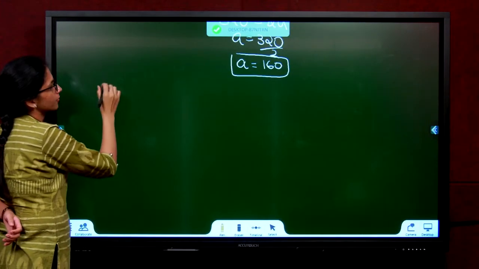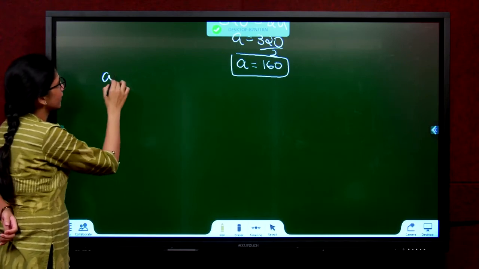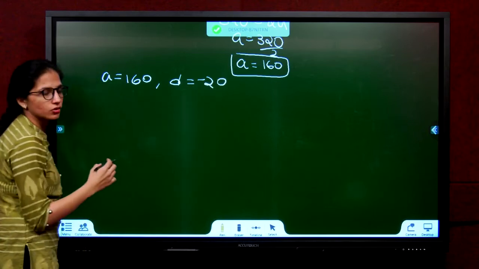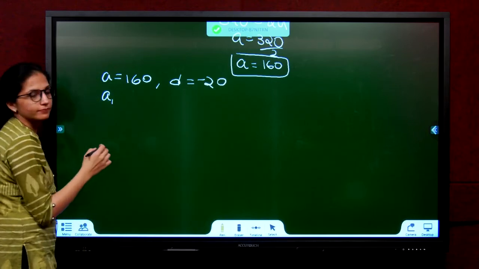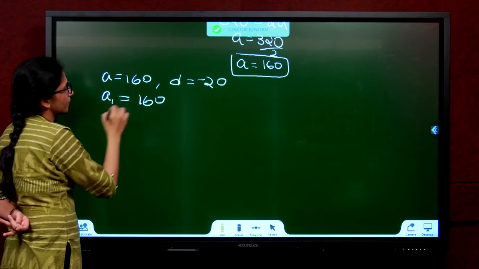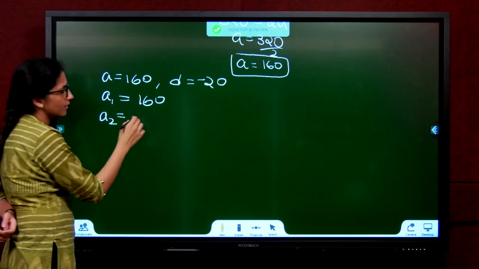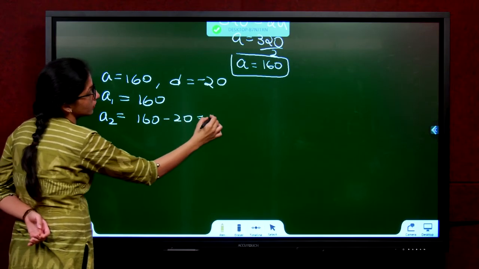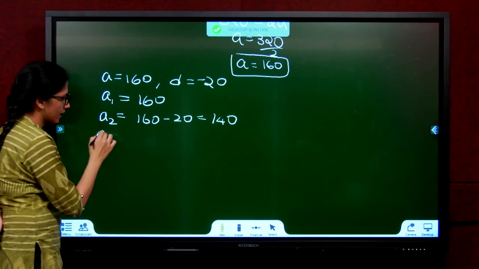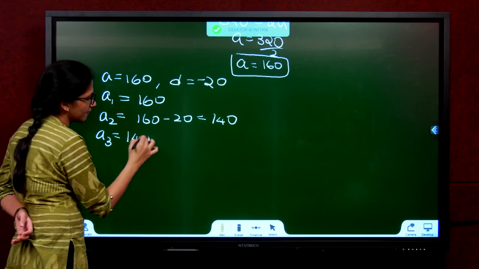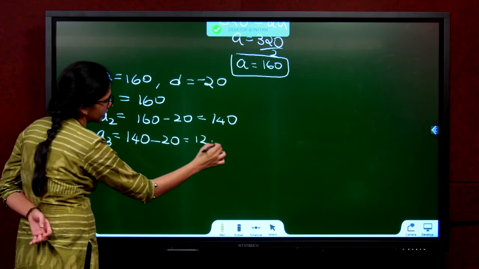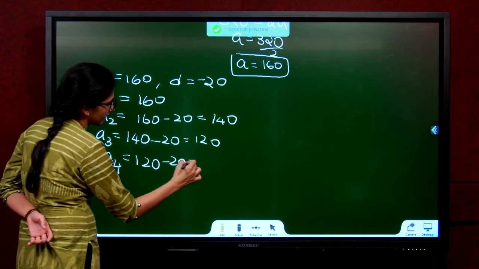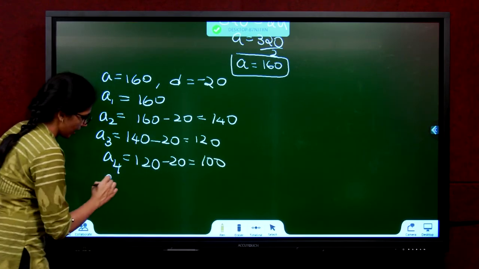You want all the 7 prizes. a is 160, d is minus 20. A1, first prize gets 160 rupees. Second prize, A1 plus d, 160 minus 20, 140. A3, 140 minus 20, 120. A4, 120 minus 20, 100.